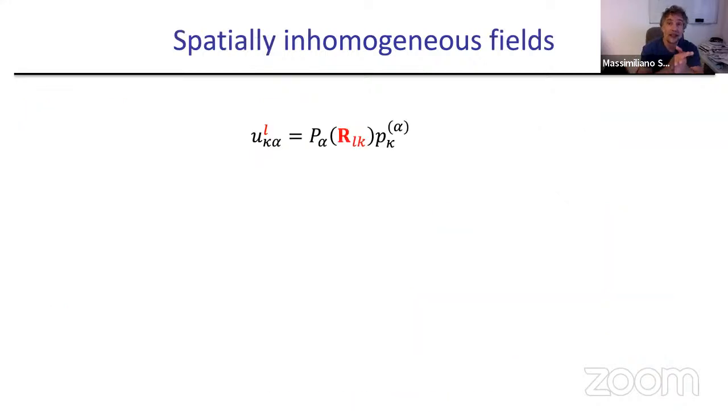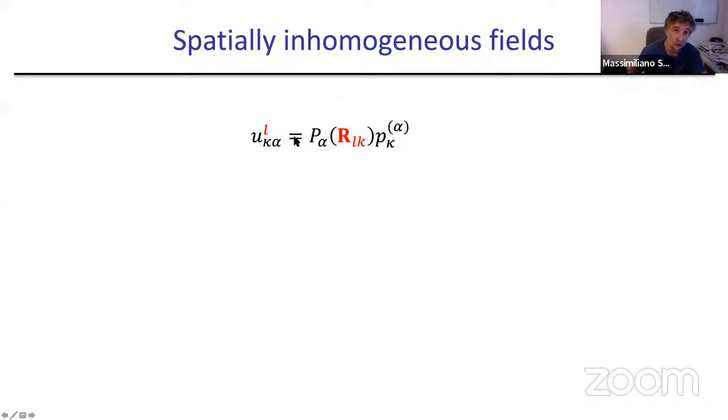So the trouble starts, and the real challenge of this work and the main conceptual value starts when we consider spatially inhomogeneous fields, because we have to think on how to map some polar order parameter that is not uniform in space onto some lattice distortion.